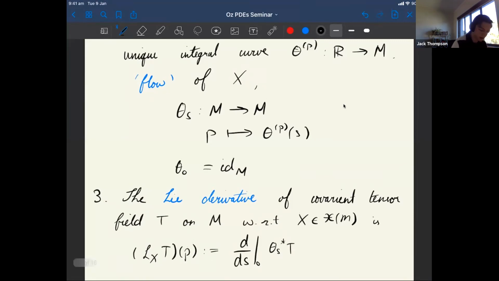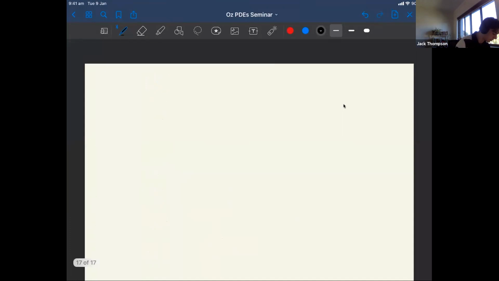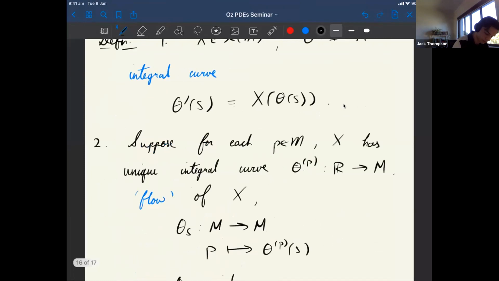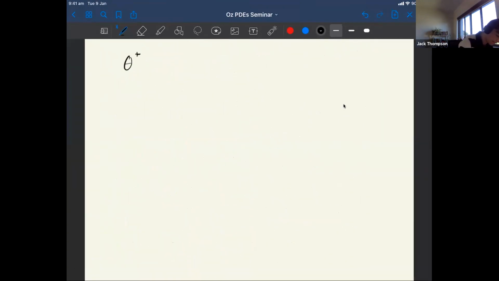Okay, and so this star denotes the pullback of T with respect to theta. So it's given as follows. And then maybe let's just take T to be a 0-2 tensor, because that's the only thing we're going to actually care about here. So say, for example, T could be the metric.